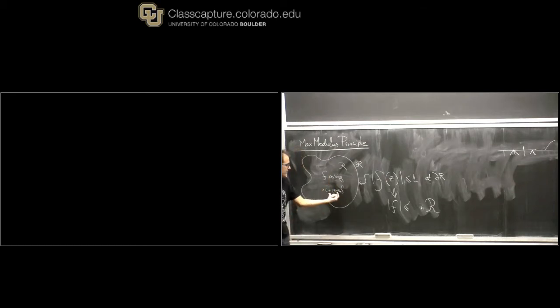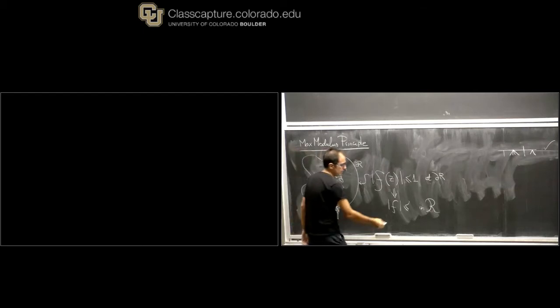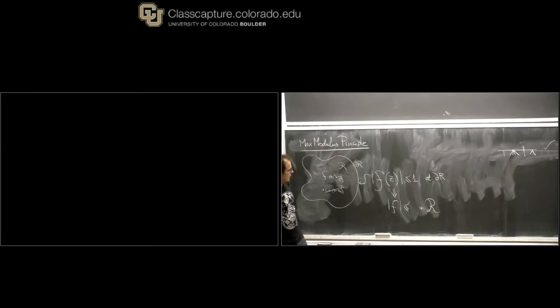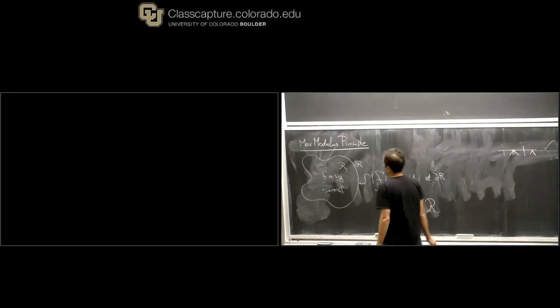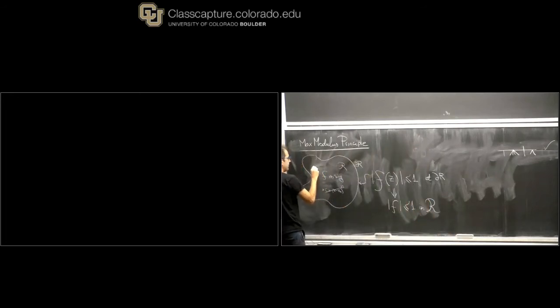And just by analyzing the vicinity of this point, you can see that there are directions where the absolute value always increases. So this is always true, with a 1 here, otherwise it's not very meaningful. So if you ask what's the maximum value that the function can have here, it is equal to 1, and the function that saturates this bound is f of z equal to 1, the constant function.